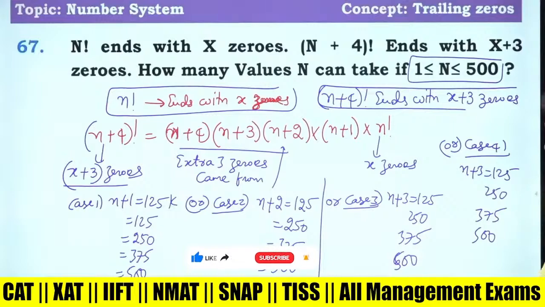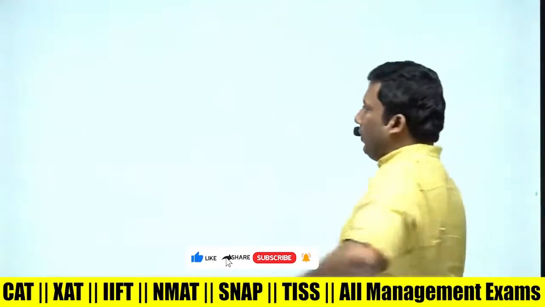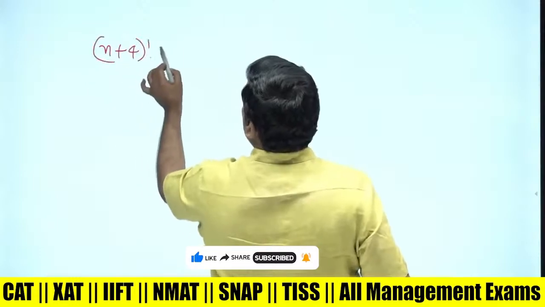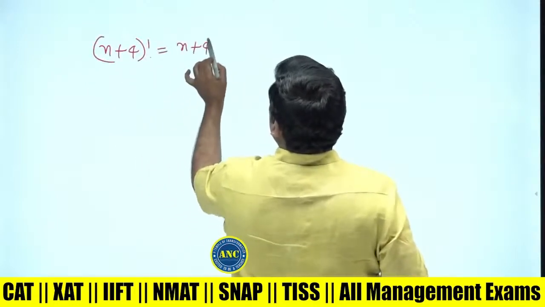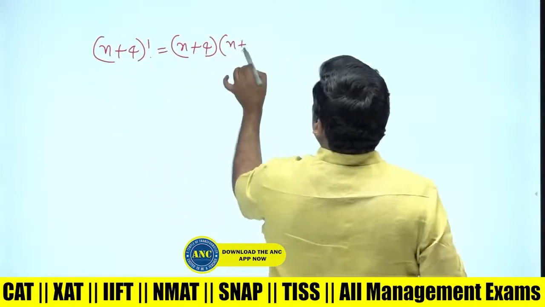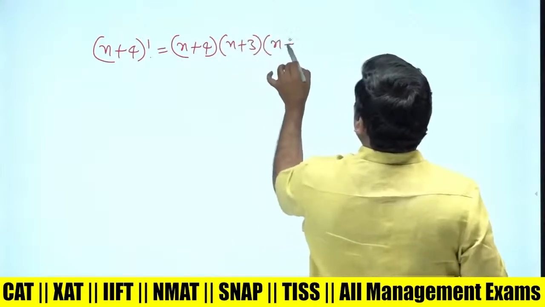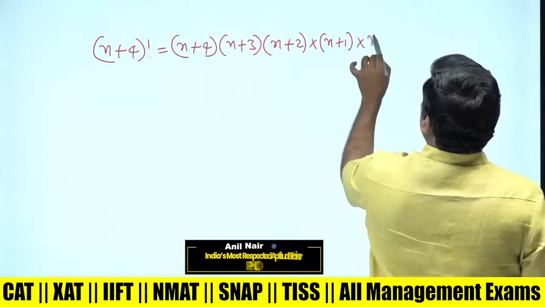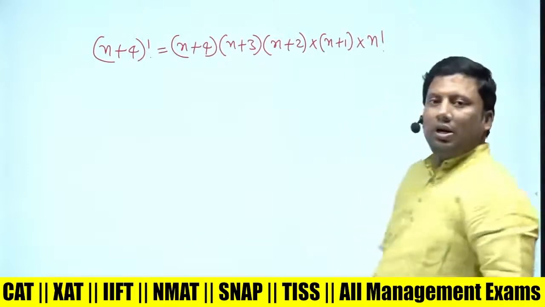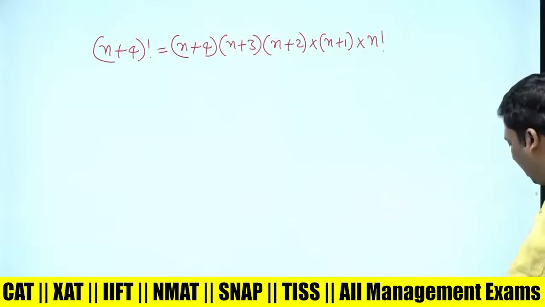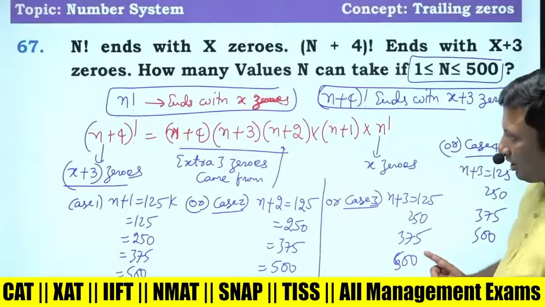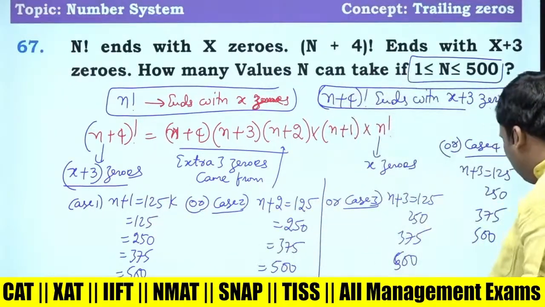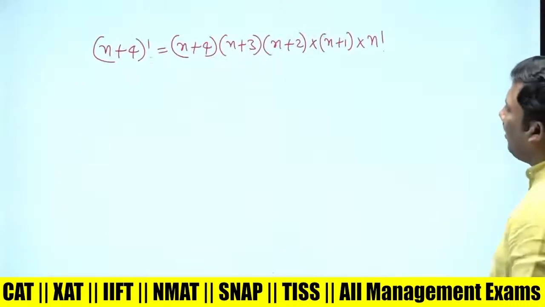Let me do it with an example to see what is happening here. N plus 4 factorial is n plus 4 into n plus 3 into n plus 2 into n plus 1 into n factorial. Listen carefully, sir. Case 1: n plus 1 is 125.